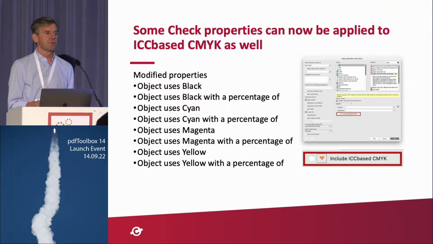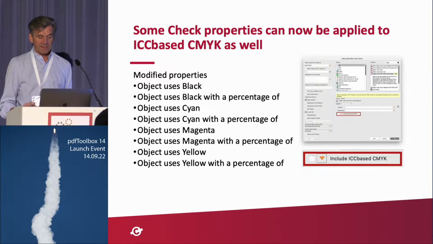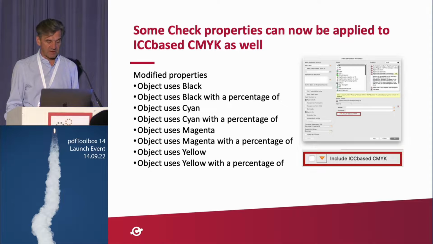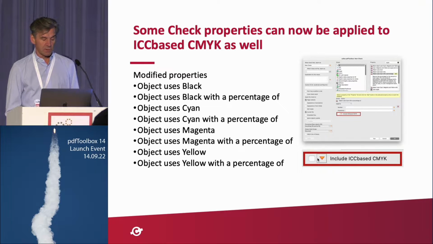However, once in a while, you know anyway that you are going to ignore the source color space. So basically, you will treat them as device CMYK anyway. And now it becomes possible to include those objects. All of these 8 properties have gotten a new check mark, which is off by default.